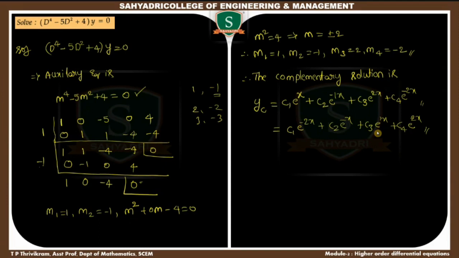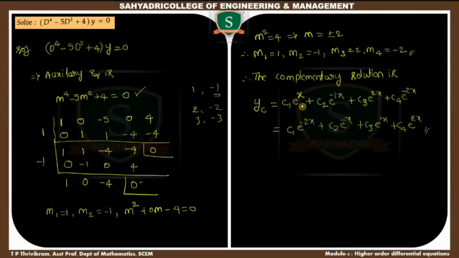Because these constants we don't know. They can take any value. These terms are the same. Correct. So you can change the order. It doesn't matter. So you can change the integrating constants. Doesn't matter. But you have to write the solution which should cover all the roots.